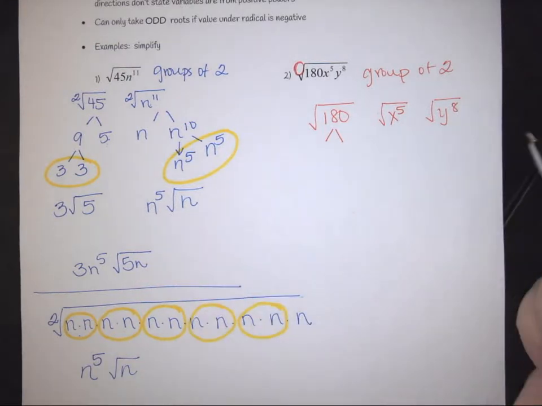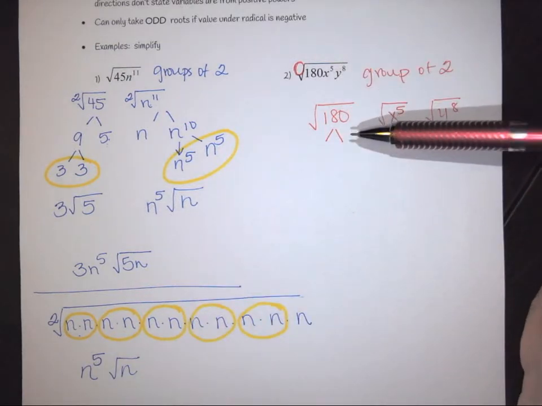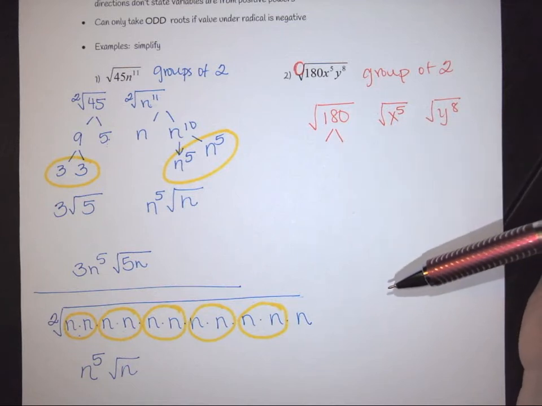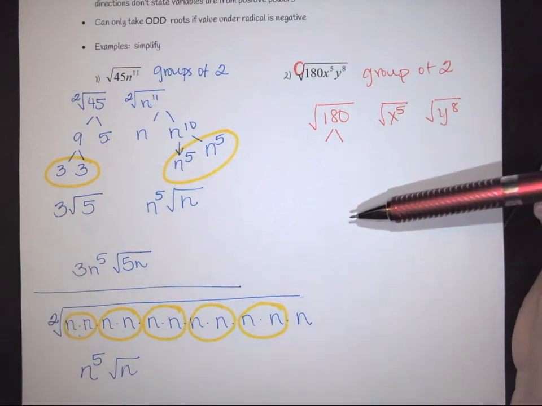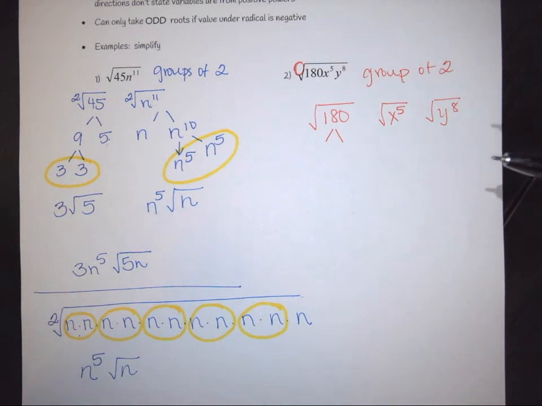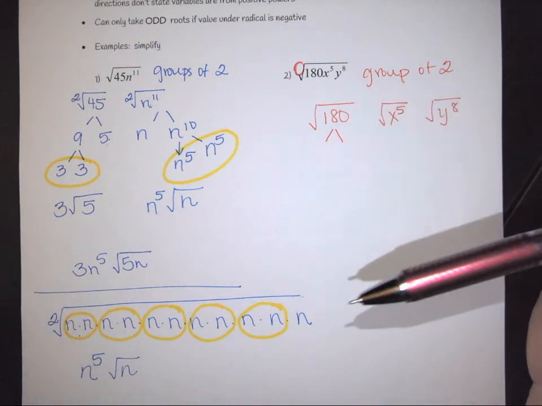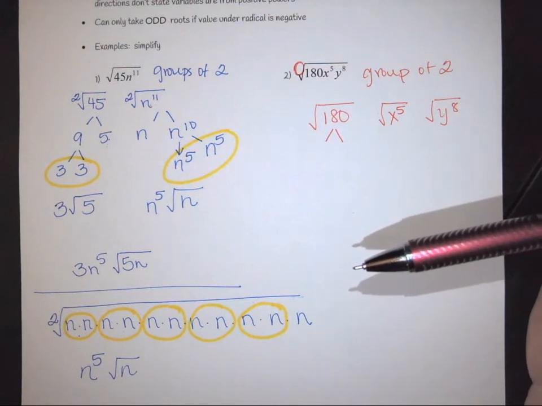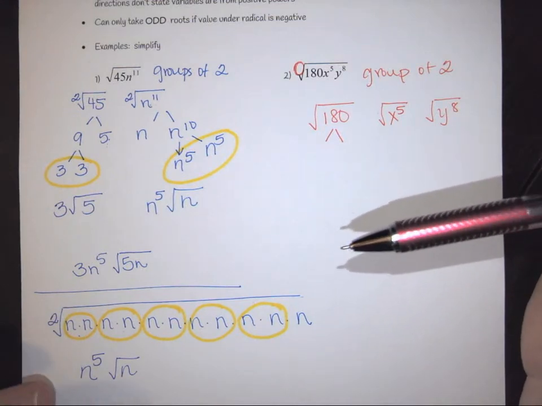For instance, some will look at 180 and they're going to see 36 times 5. Others are going to look at 180 and they're going to see 10 times 18. And others still are going to look at it differently, and they may see 2 times 90.